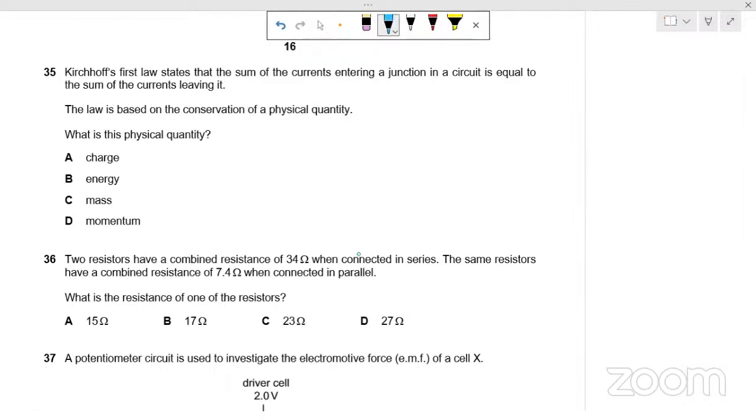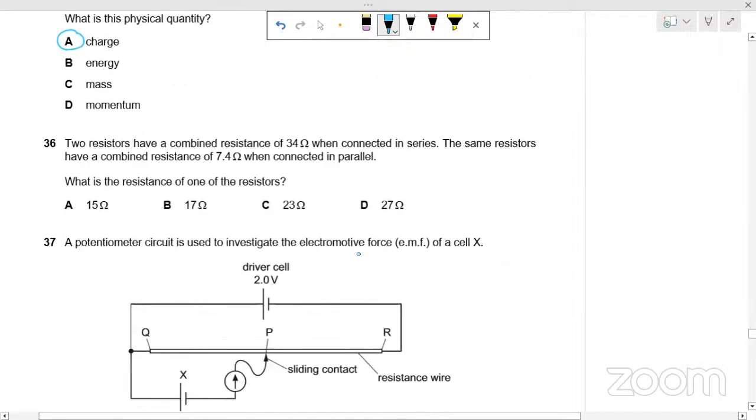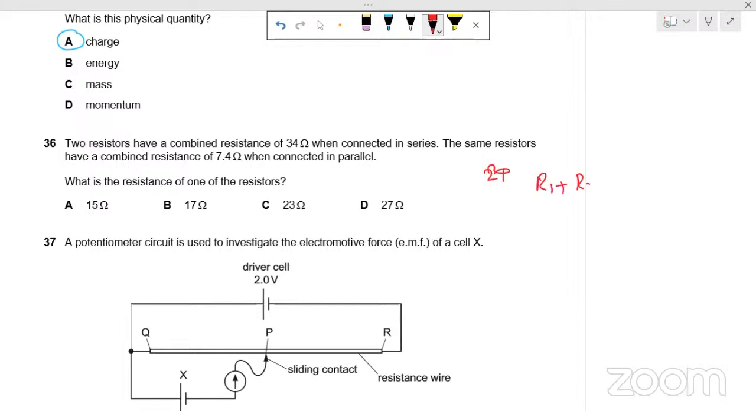Kirchhoff's first law: the sum of currents entering a junction is equal to the sum of currents leaving. The law is based on the conservation of charge. Very simple, has been asked many times. Two resistors have a combined resistance when connected in series, so R1 plus R2 is equal to 34.